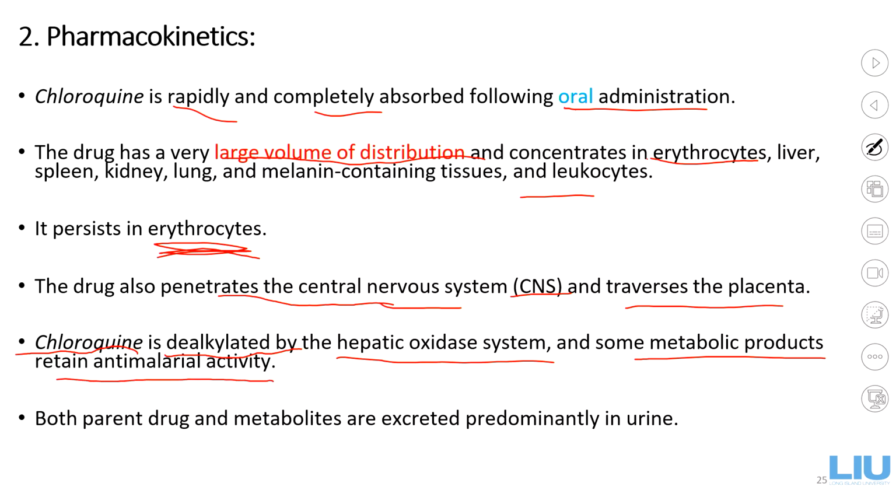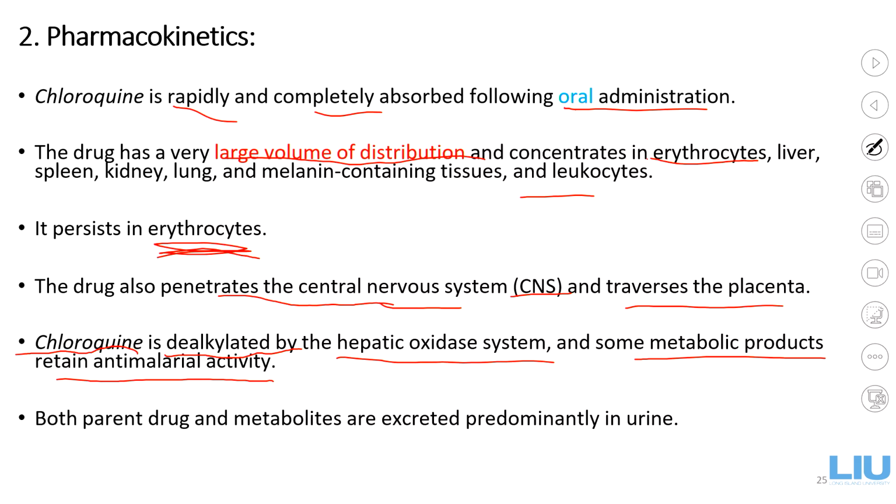So some of the metabolic products could still have the same anti-malarial effect, which is nice because that's going to prolong the duration of action, right? Whenever you have an active metabolite, what does that mean? How is that important? If the drug is metabolized to something and that something is active, increased duration of action, right? The best example of this is diazepam, right?